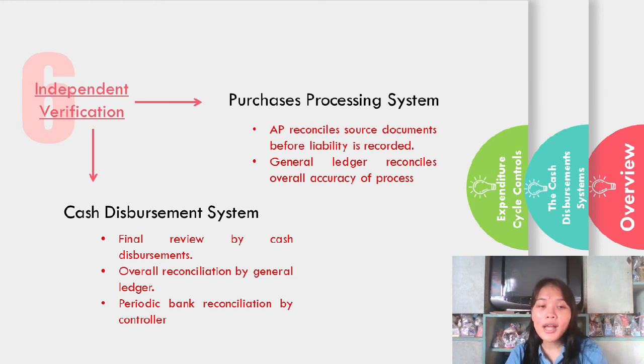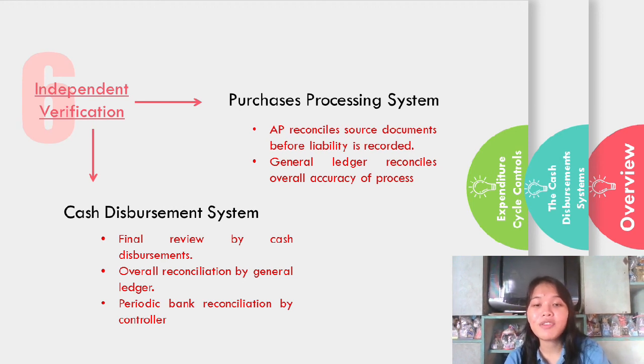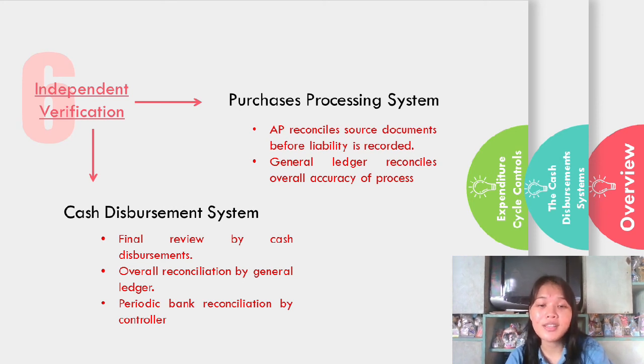So besides what has been mentioned, independent verification must be done by the General Ledger Department in order to reconcile the overall accuracy of the process. Such will rely on journal vouchers and summary reports from inventory control, AP, and cash disbursement, which will be used to verify whether total obligations recorded equal the total inventories received.